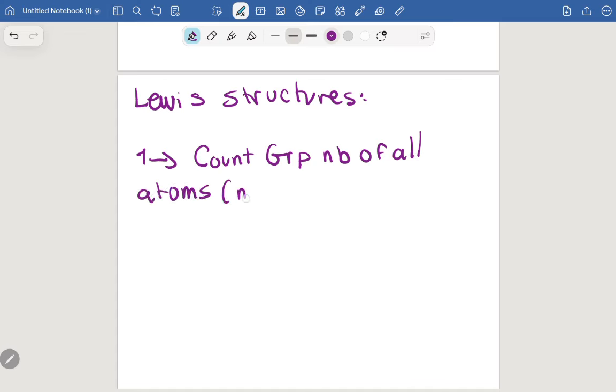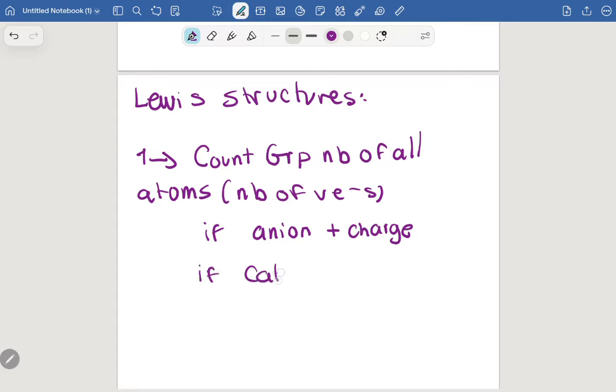If the species is an anion, for example CO3 2-, you will add the charge. Okay? If it is a cation, for example NH4+, right? You will subtract the charge. Okay? Because we are dealing with the number of electrons.